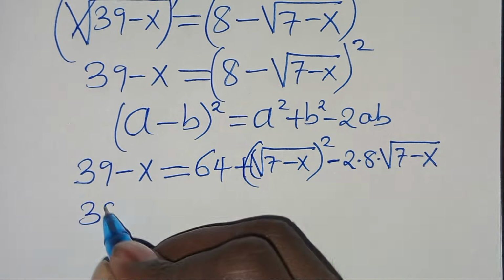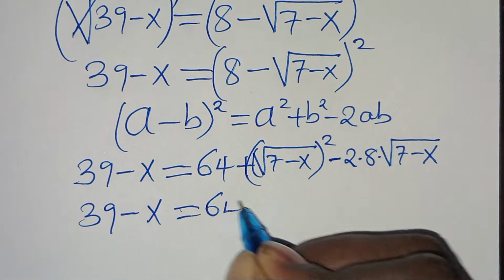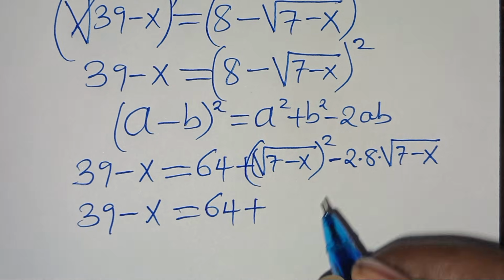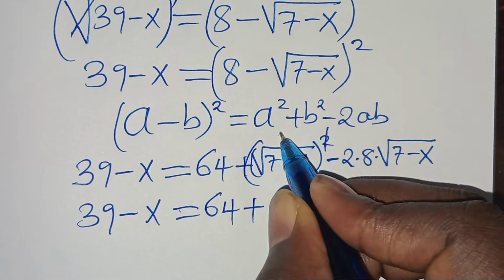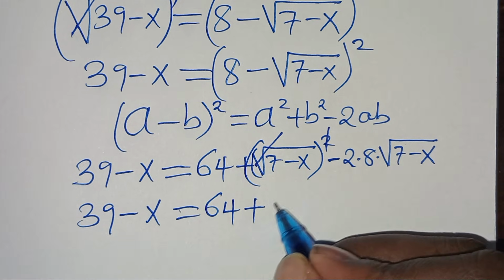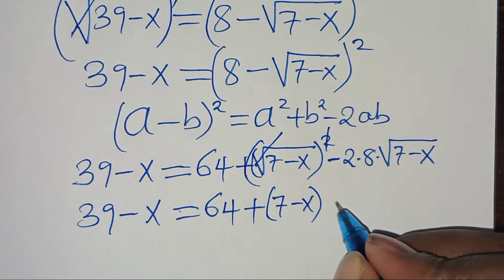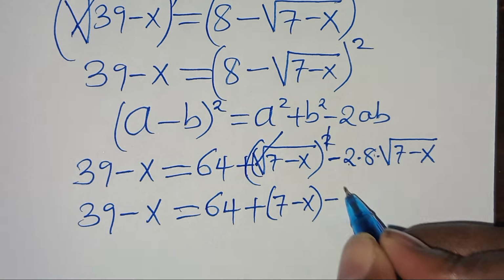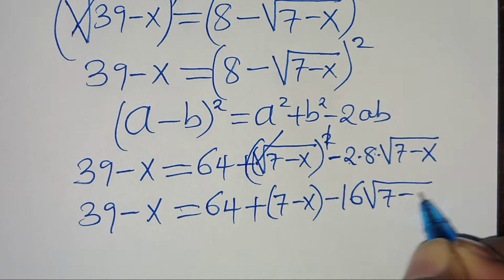So here we have 39 minus x equal to 64, plus the square root of 7 minus x raised to the power of 2, this means we eliminate the square root sign, so we have 7 minus x, then subtract 2 times 8, this is 16, times the square root of 7 minus x.